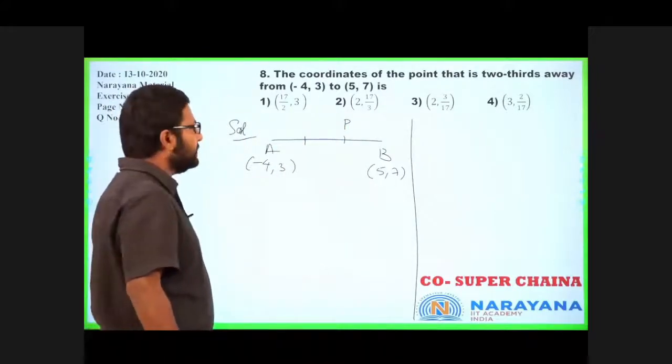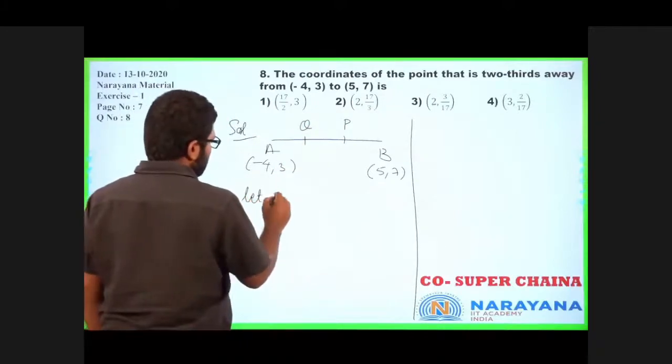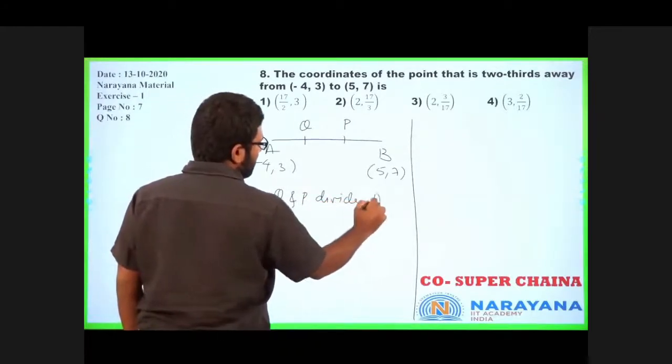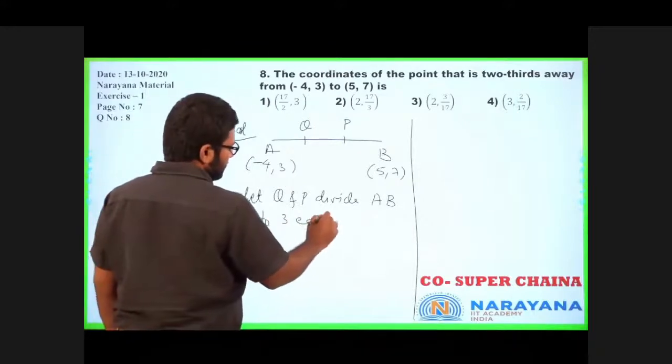Alright, so we'll say let Q and P divide AB into 3 equal parts.